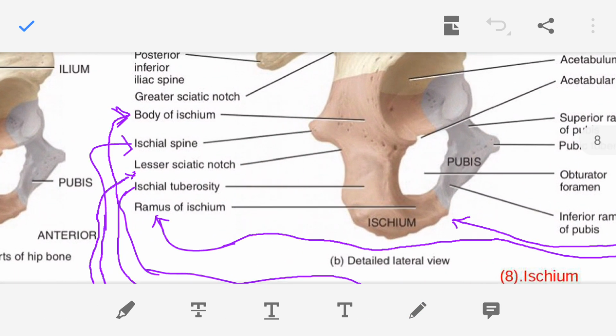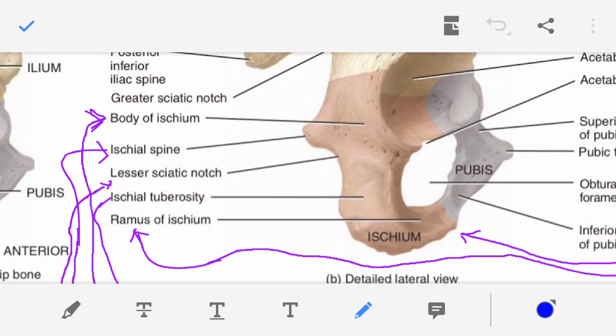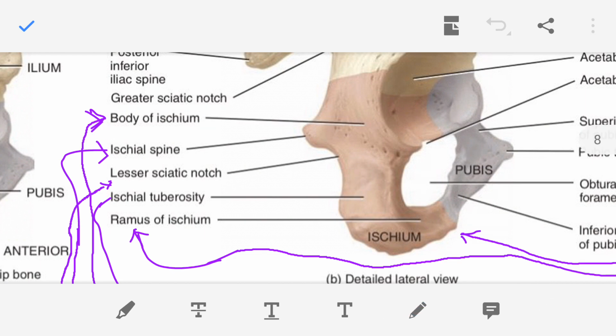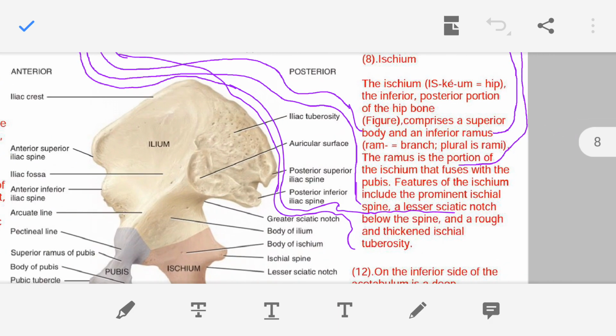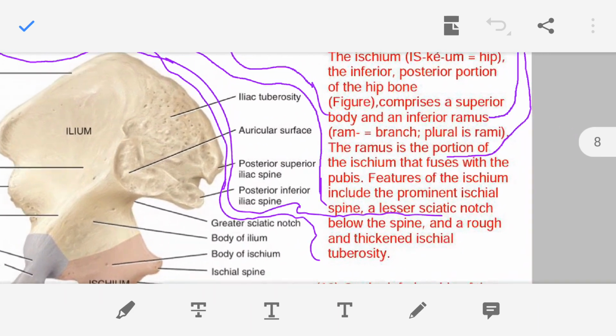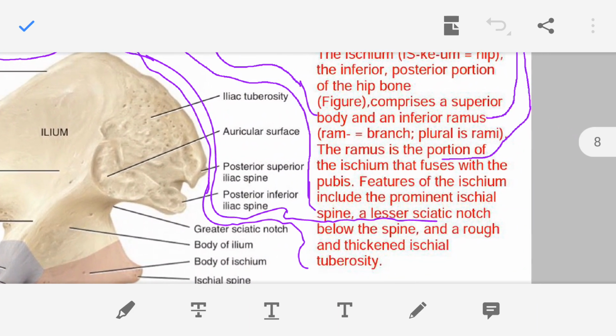I am zooming. So this is the body of the ischium. Now some other structures are there in the ischium.